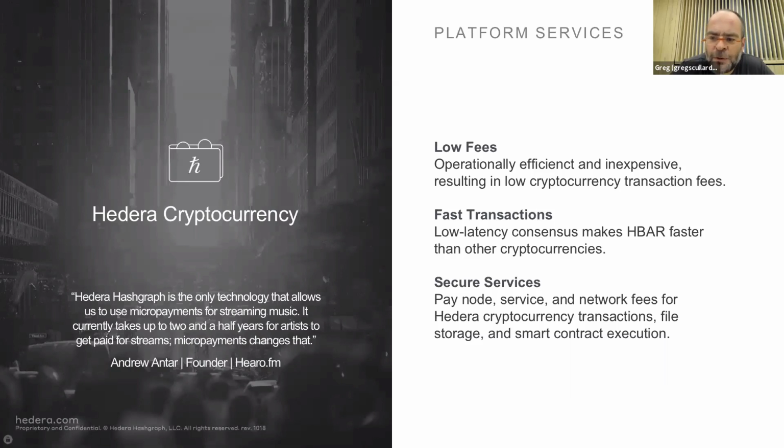HBAR is an integral part of developing on the Hedera platform. Developers will use HBAR to pay transaction fees, which is made up of node, service, and network fees. We'll cover that in more detail later on. And all this is in order to be able to use the platform's services.